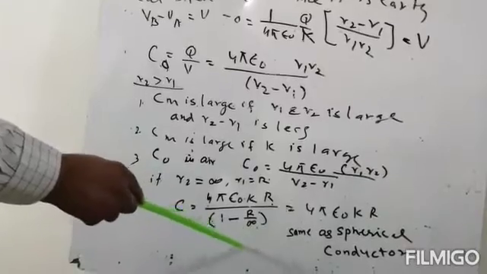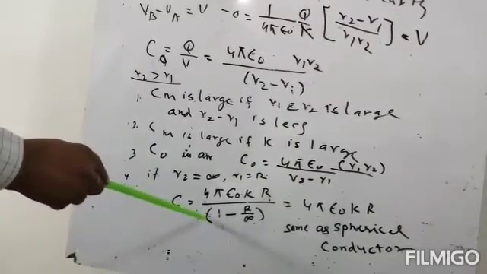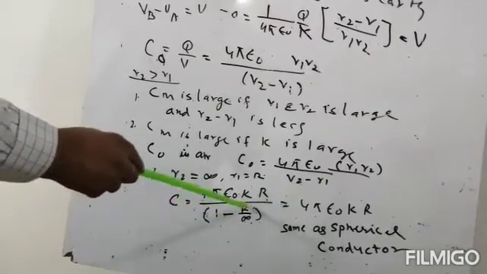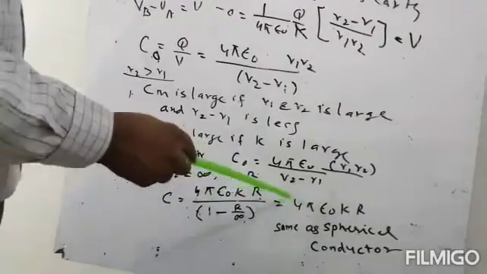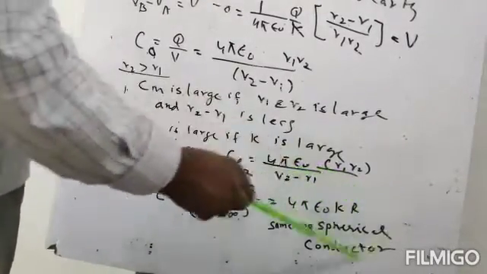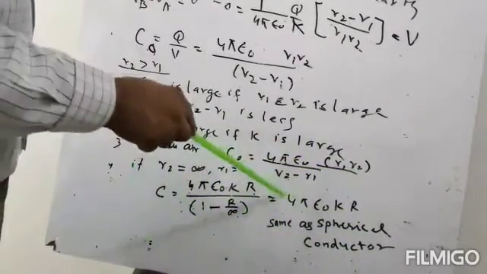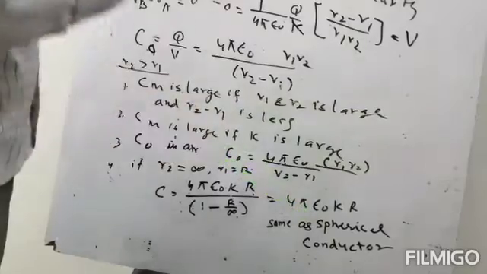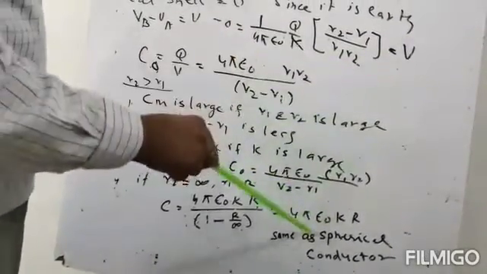Now R2 is infinite, so this will be equal to 0. So it will be equal to 4 pi epsilon 0 K into R. And if K is equal to 1, then it is equal to 4 pi epsilon 0 into R. This is the same capacitance of a spherical conductor which we have derived earlier.